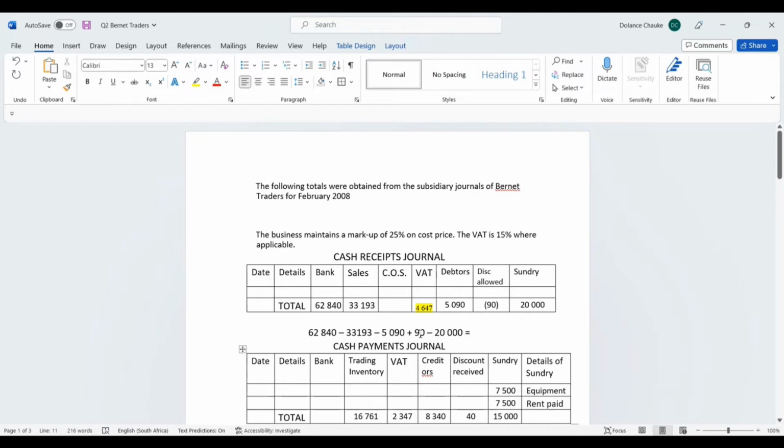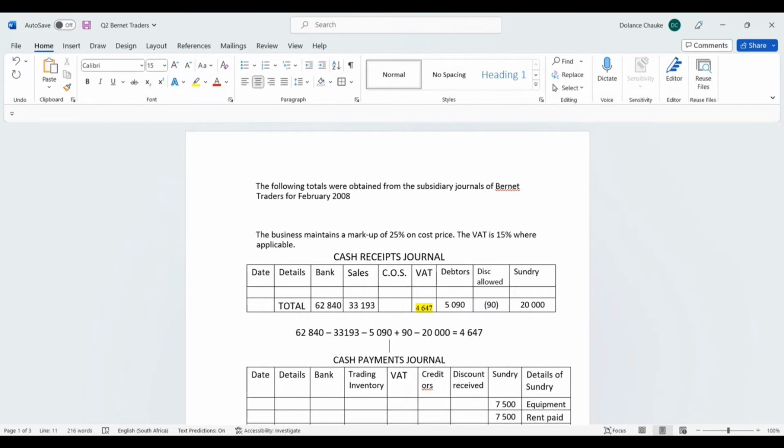Right? And then let's calculate our cost of sales. Our VAT, you said, is 4,647, right? That's fine. And then our cost of sales.